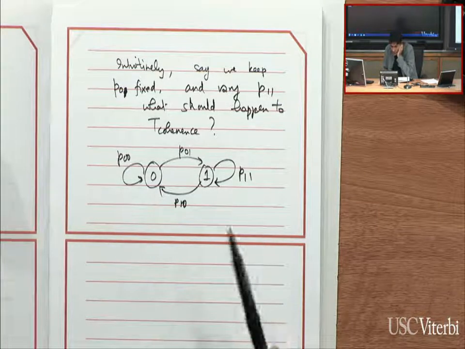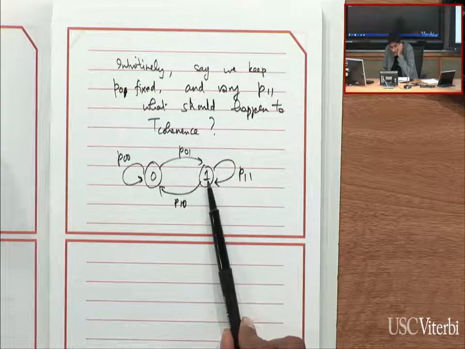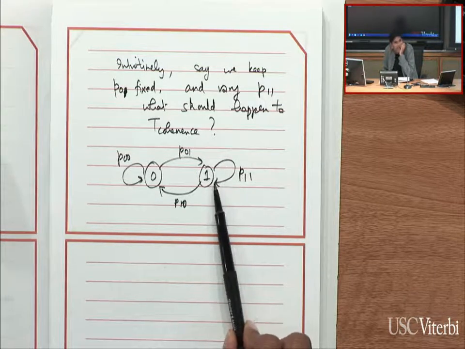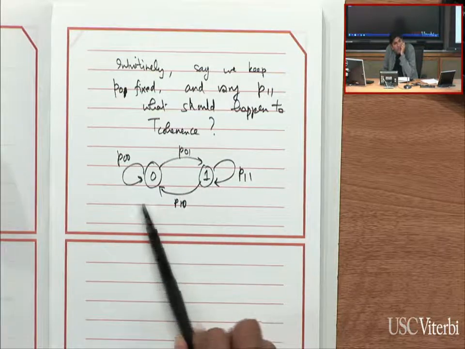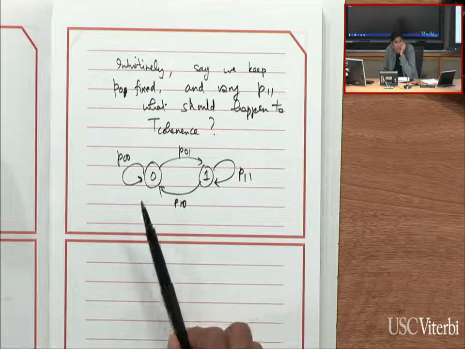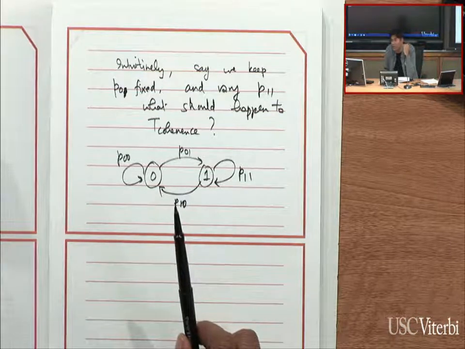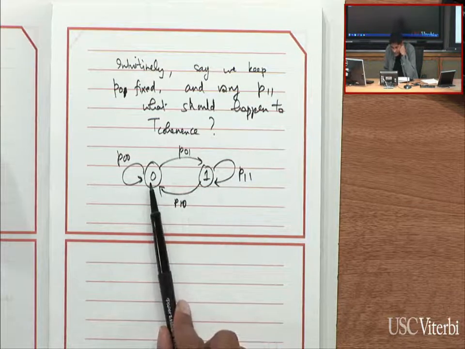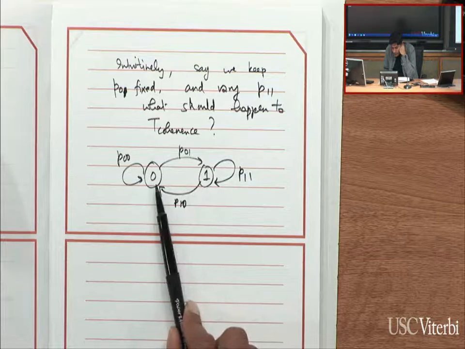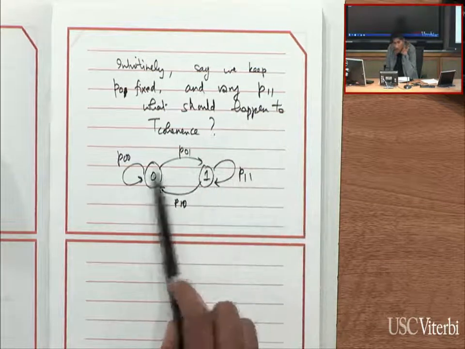It'll increase, you're saying. So if P11 is very low, then if I'm at 1, I rarely come back. Which means that whenever the channel is good, with very high probability, it's going to go bad right away. So it doesn't stay coherent very long. The good channels go to bad very quickly. Similarly, if I am at state 0, varying P11 is not going to change anything.